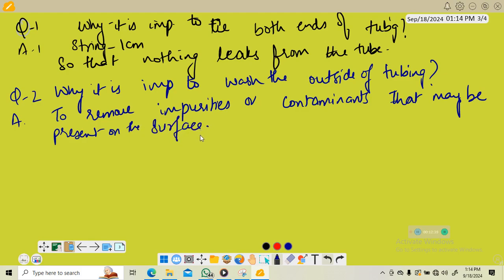Since impurities affect the results of experiments, the Visking tubing must be washed before it is placed into boiling tubes, and also because it prevents cross contamination, meaning between different solutions or samples.